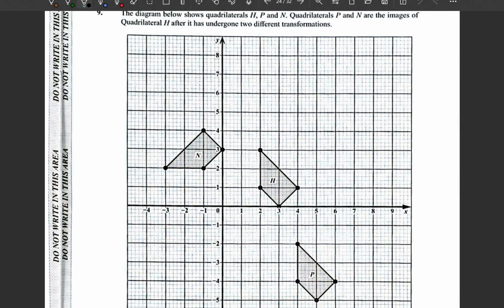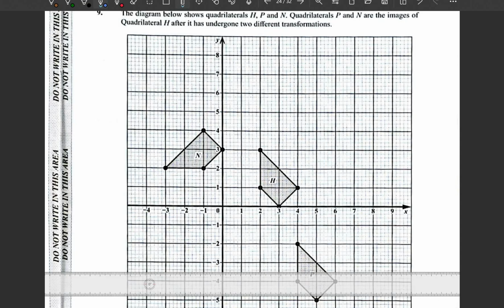Looking at this, we could see that this is not a flip on the x or y axis. This is not a flip in the line y equals x, neither the line y equals minus x. This is some sort of rotation. If we look at related points, this point here becomes this point here. And it seems to me like these 2 points rotated about the origin.